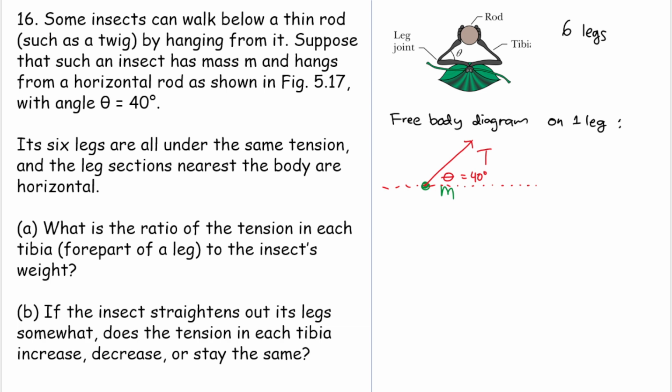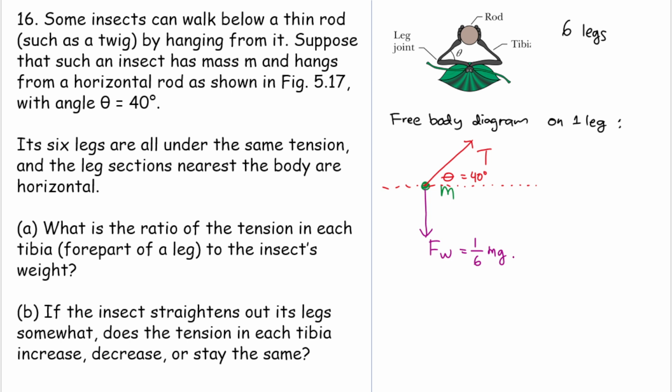And then we have the insect's weight that works on the insect here. This is the force by the weight. However, because it has 6 legs and we only view one leg, this will be 1/6 of the weight of the insect. So I'll have 1/6 M times G.